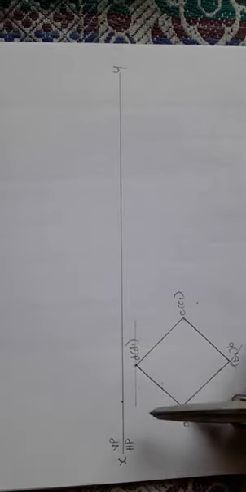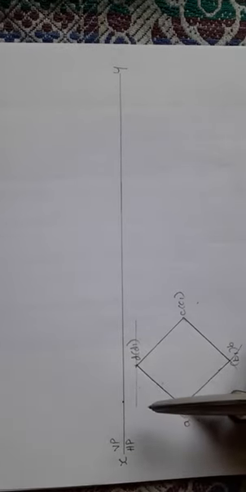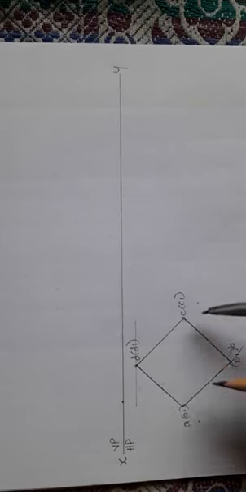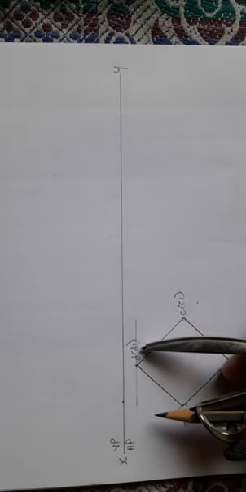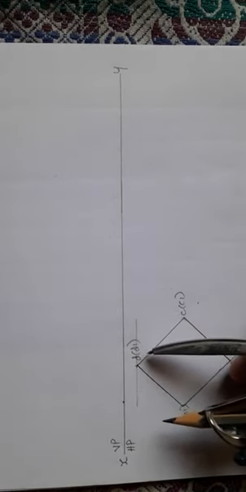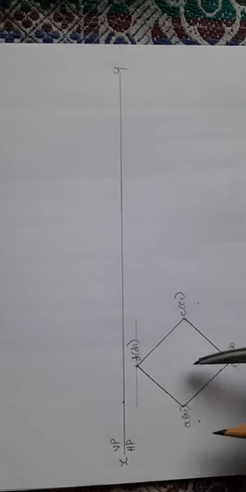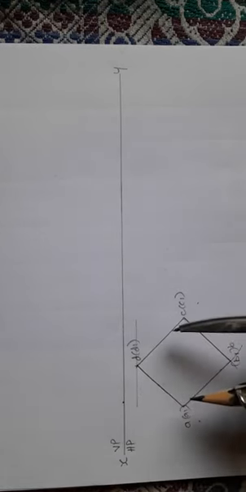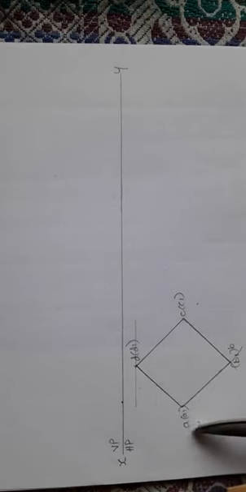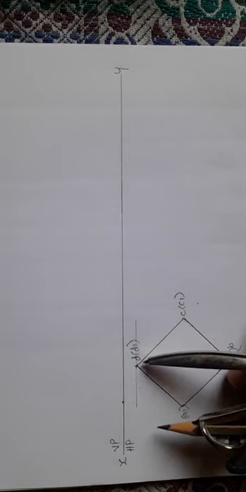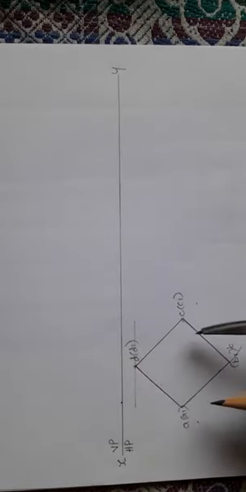Why have I written them in brackets? It is because they are invisible points. So these are bracket A1, bracket B1, bracket C1 and bracket D1. All these bracketed points are invisible points in the top view, and A, B, C and D are visible points, because in the top view all these points are visible.